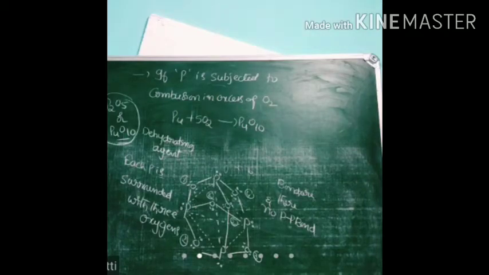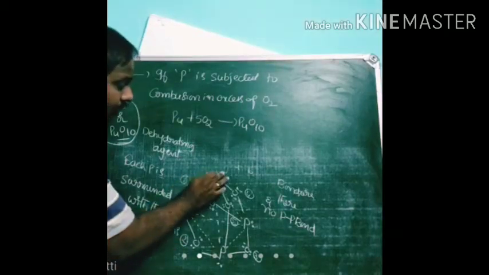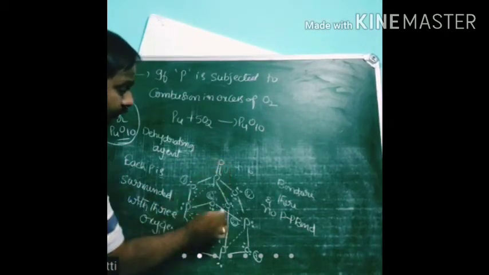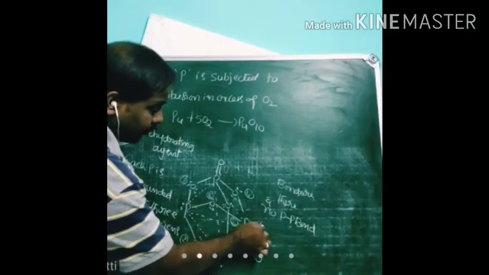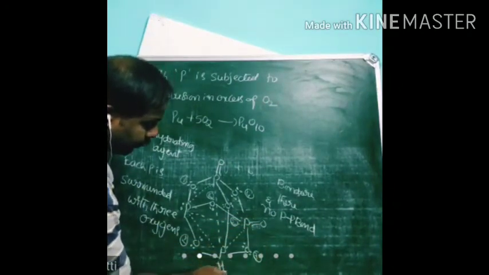So the structure of P4O10 is similar to P4O6. In this case, at each phosphorus, one double bond is there.